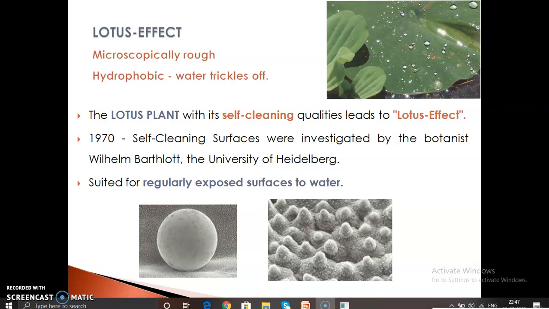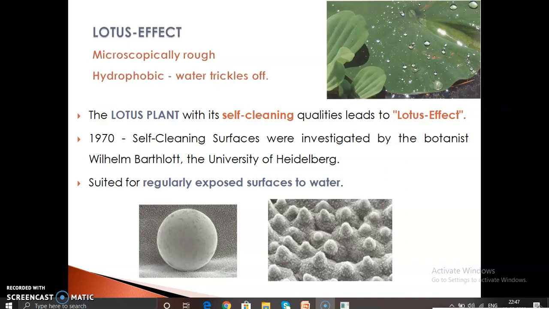We already know the lotus does not have any water absorbed onto its leaf surface. This is because of its microscopic texture. It has a very rough texture on its surface which we cannot see directly unless we use a microscope.